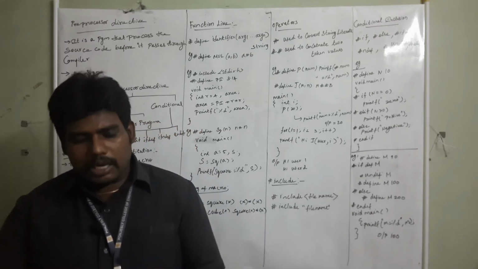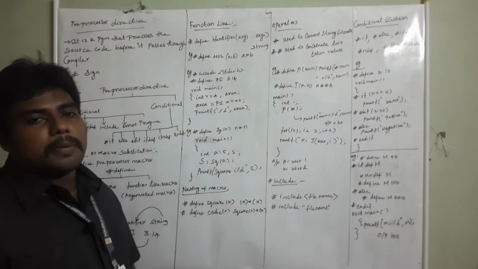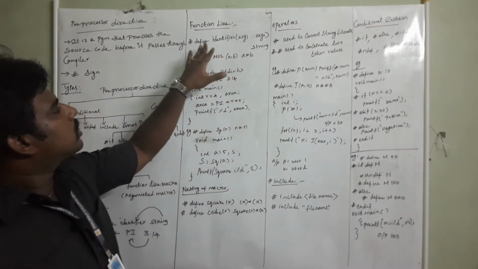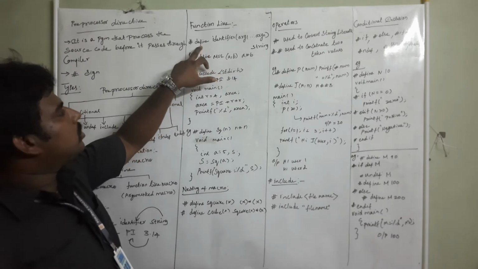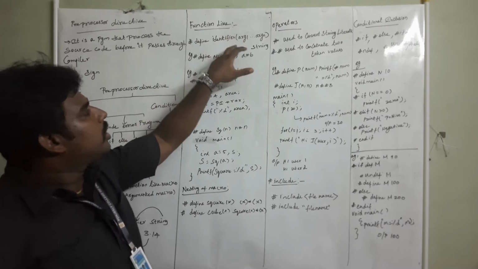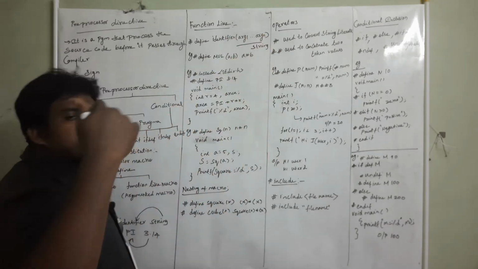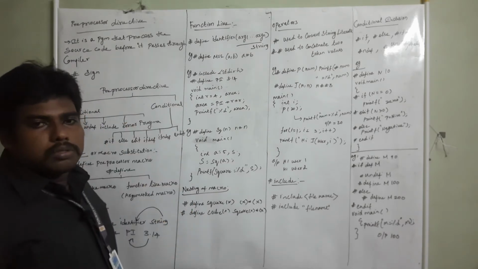The second type is argumented type macro, or function like macro. See the syntax here: define, again an identifier. Here you can pass many arguments, many values.